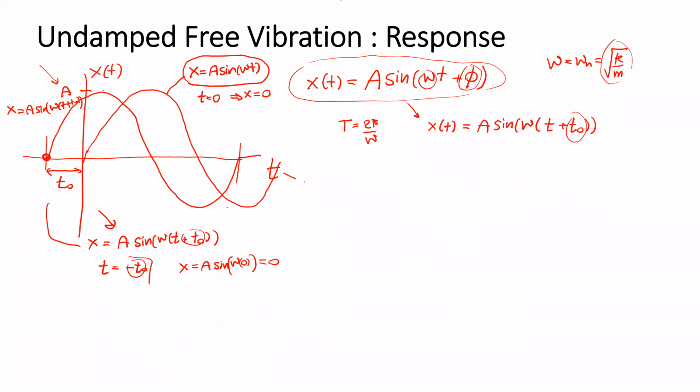If we shift the plot to the left-hand side with the magnitude of time shift t0, we're going to see the positive here. But if we shift it to the right-hand side, we're going to see the negative side. So this is just the review of the time shift for the simple harmonics.